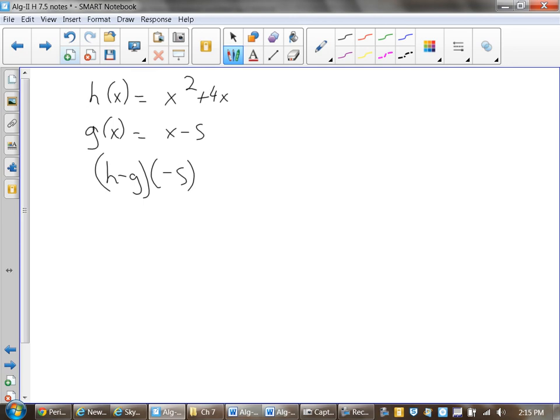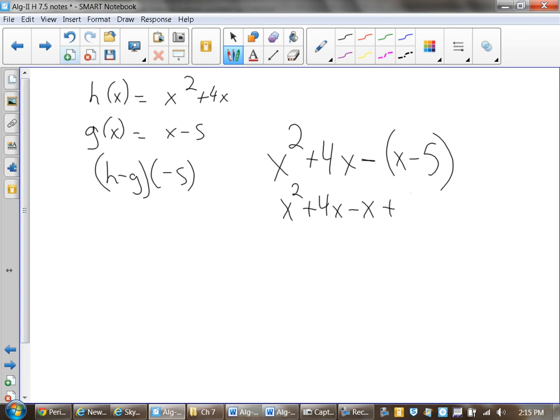What this is telling you to do is take the h of x equation and subtract the g of x equation, and then substitute in negative 5 for x.